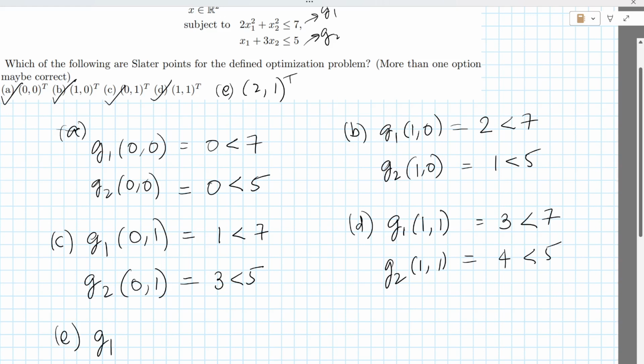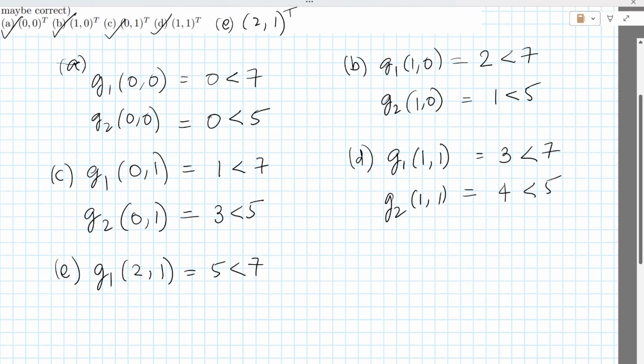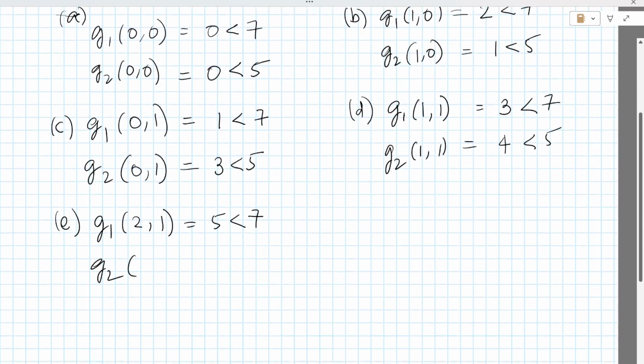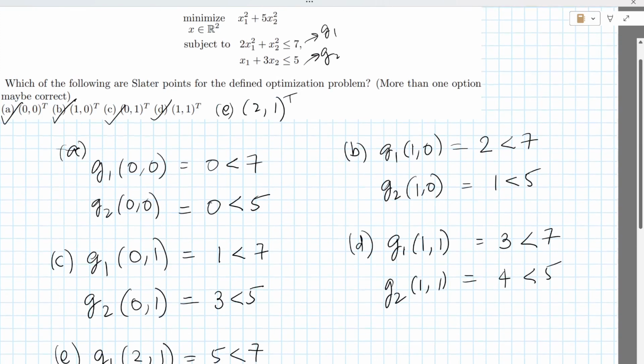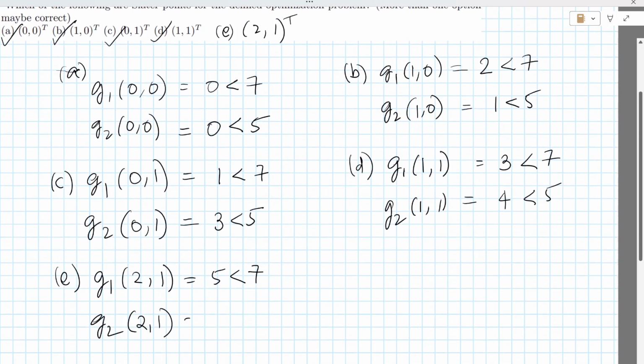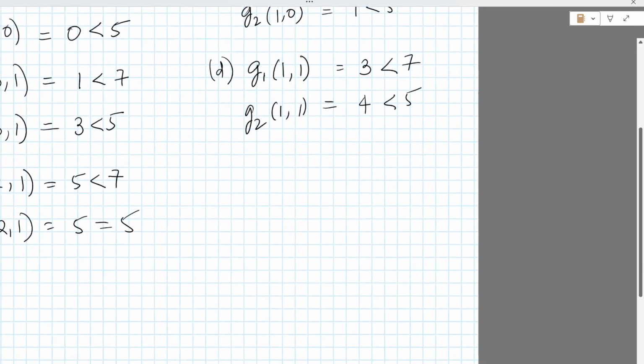So G1(2, 1) is equal to 5, which is less than 7, but G2(2, 1) is 2 plus 3, which is equal to 5.